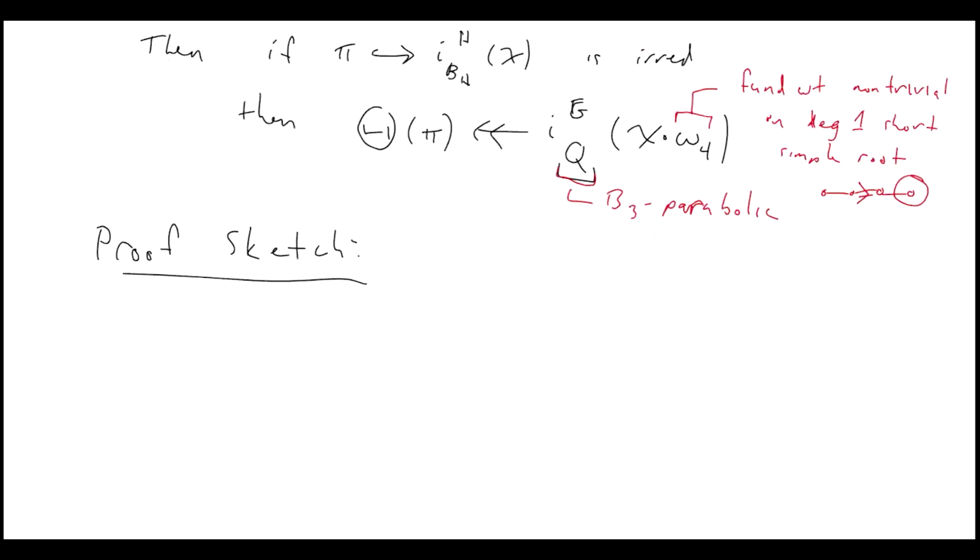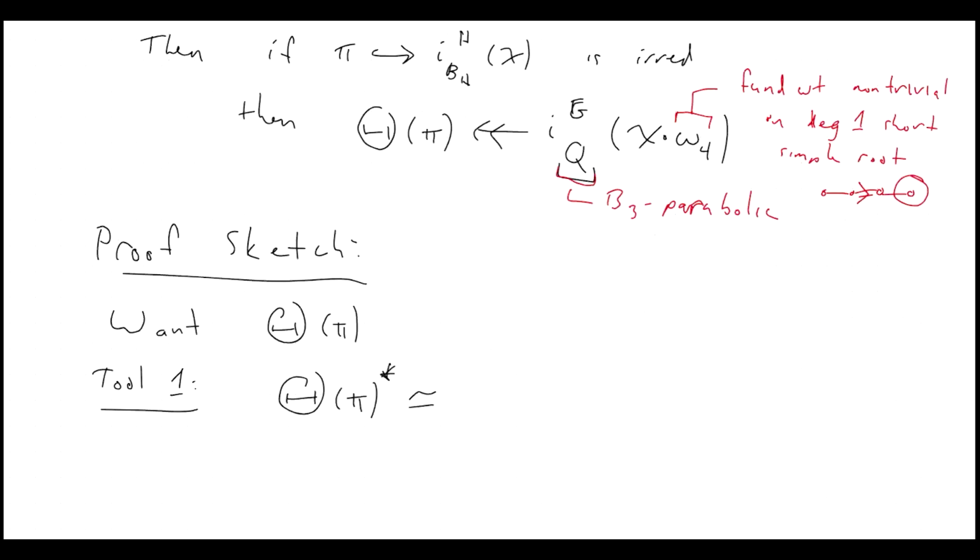Okay, so we want to understand big theta of pi. And so from tool 1, we have some information about the linear. We know that this is isomorphic as G modules.